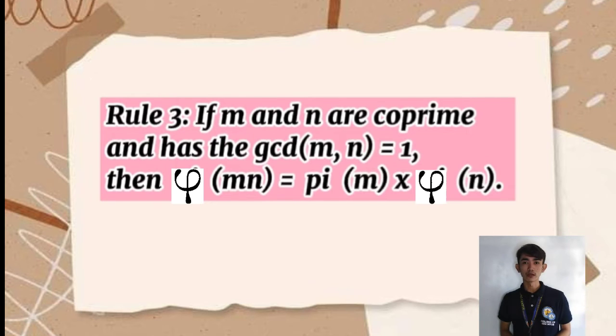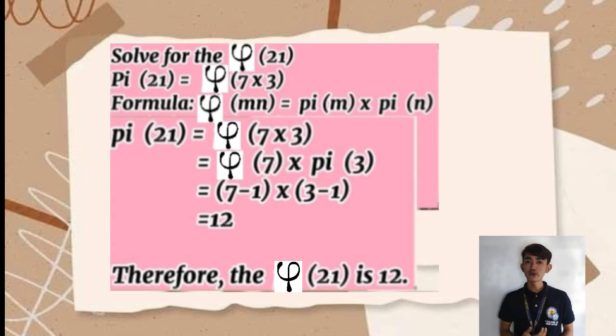Rule number 3. If m and n are coprime and have a GCD of 1, then phi of mn equals phi of m multiplied by phi of n. Let's solve for the phi of 21. Phi of 21 can be written as phi of 7 times 3.